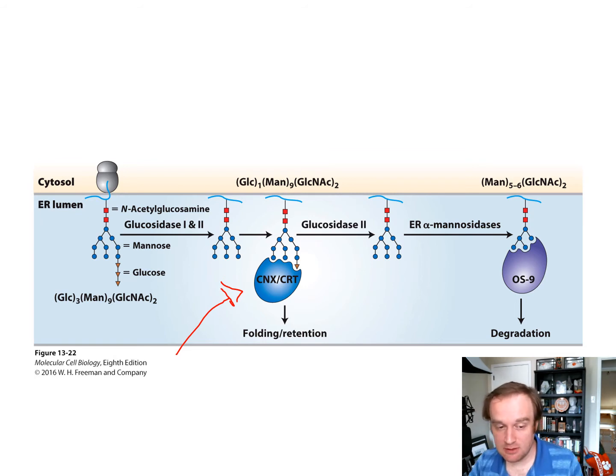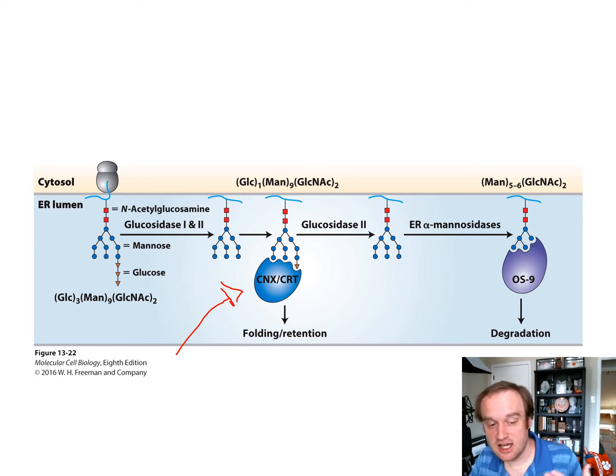And they retain protein in the ER for folding chaperone activity until properly folded. So they're there to help and maintain that connection until properly folded. But with proteins that cannot fold properly, they stay in the ER lumen for longer amounts of time, right? Because they're not ready to be let go or secreted because they're not folded properly.